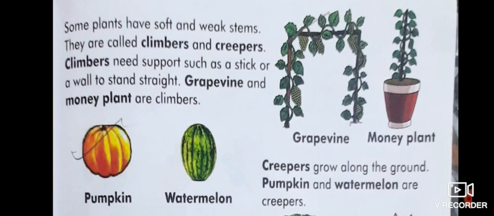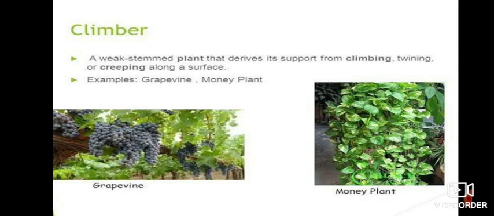All right. So first, climber. What is the meaning of climb? The name is climber plants. Climb means to go up or to go towards the top of something, right?